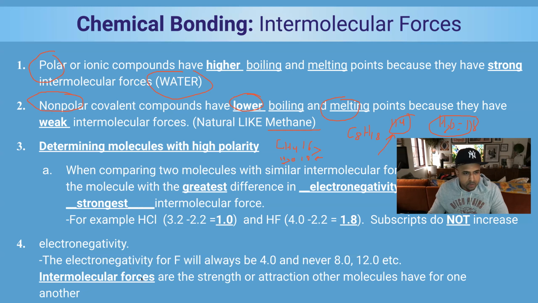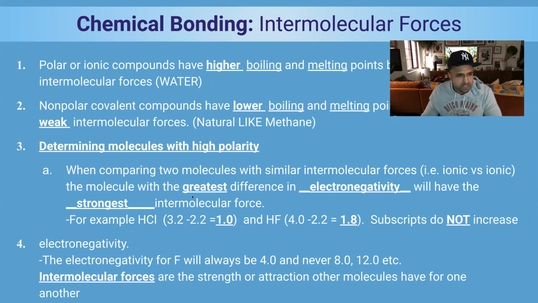And determining molecules of highest polarity. This part actually is not in the regents anymore, but it's good to know in terms of what makes something polar. So if I were looking at HF versus HCl, these are two polar molecules because they're asymmetrical.